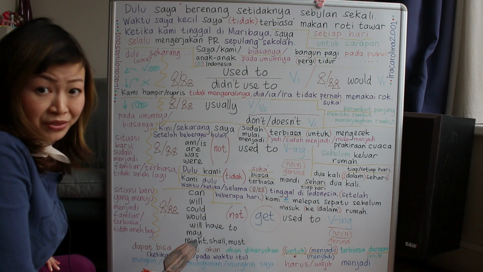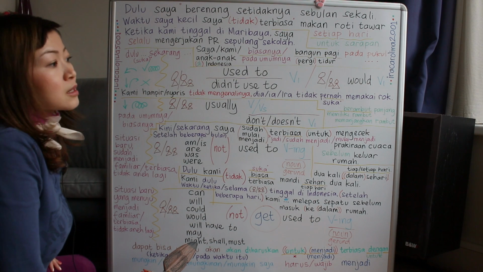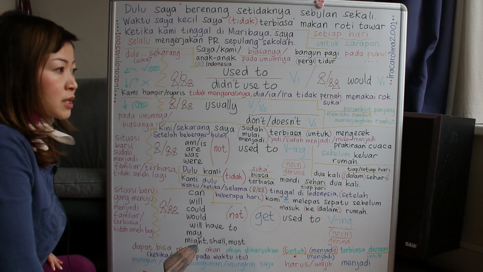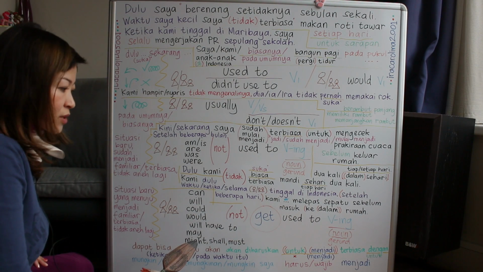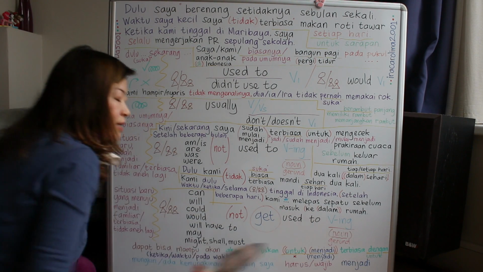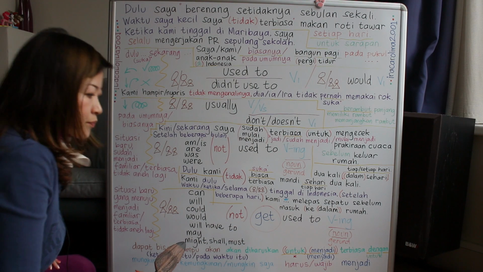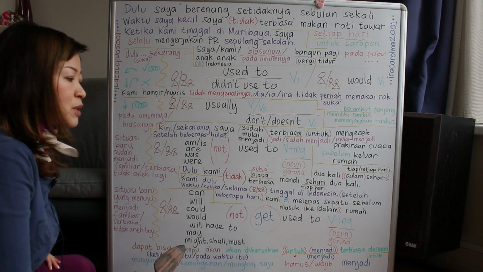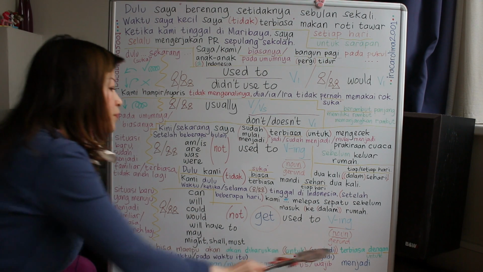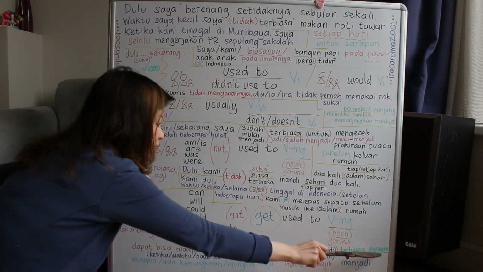Dengan, with. In English we say it used to, but in Indonesian language most of the time we say it with dengan, with. Used with. It means used to, but we say it with used with. Terbiasa dengan.